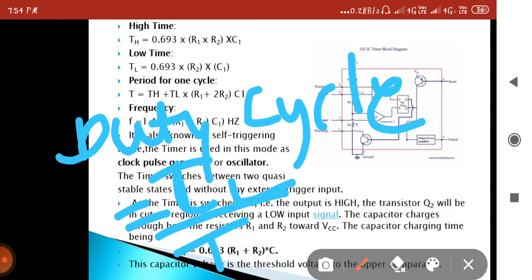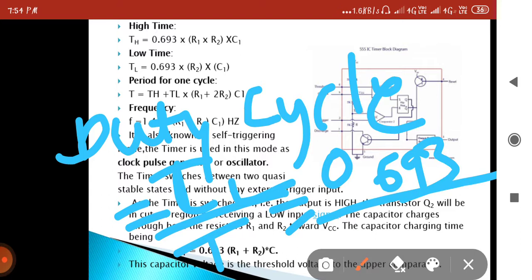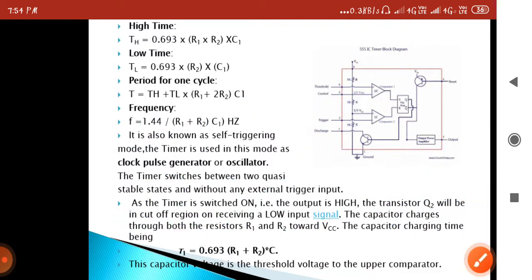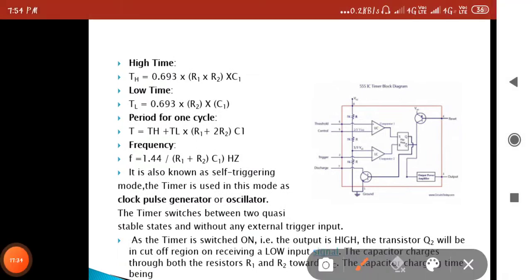TL divided by T means 0.693 divided by, what is that? It is 1 divided by RA plus 2RB into C1. That is the formula of the duty cycle.